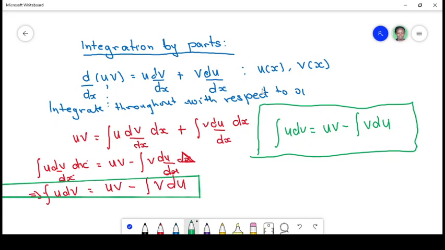So what it means is that if I have a product of two functions and I want to integrate, I want to make one of the functions u and the other dv, then I can solve. So I can always choose u to be the function that comes first.